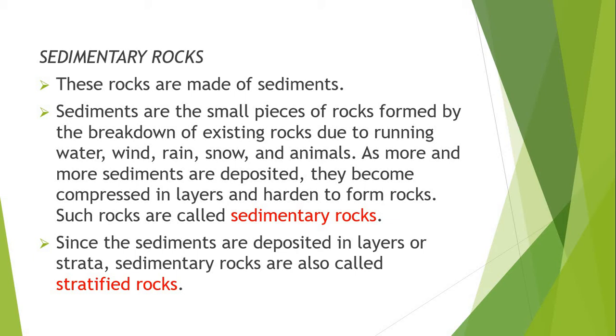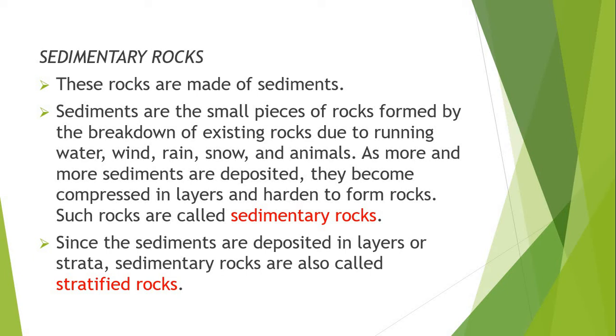Sedimentary rock. As the name suggests, these rocks are made up of sediments. What are sediments? Sediments are the small pieces of rocks formed by the breakdown of existing rocks due to running water, wind, rain, snow, and animals.